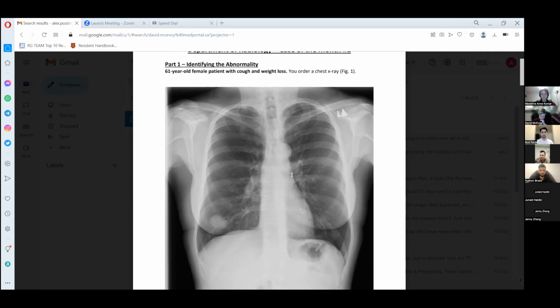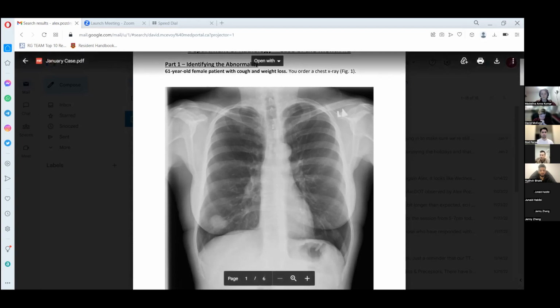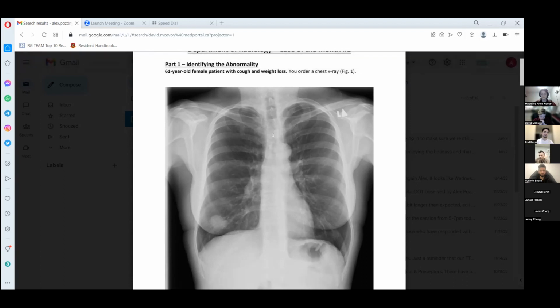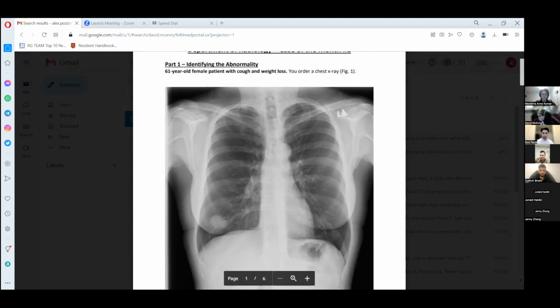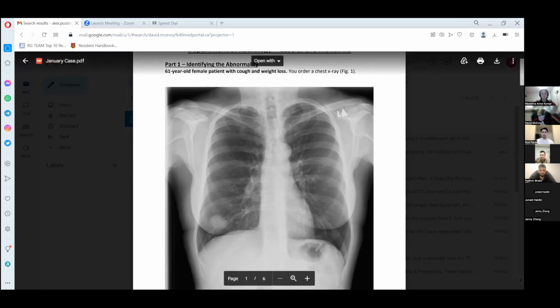And what else do we have in the mediastinum? We also have the esophagus, which we can't really appreciate very well here, but it's just hiding there. We also have the vertebrae, which are creating this high density. That's why they're creating a lot of this white, very bright structure, because bones are the most dense things on this radiograph.